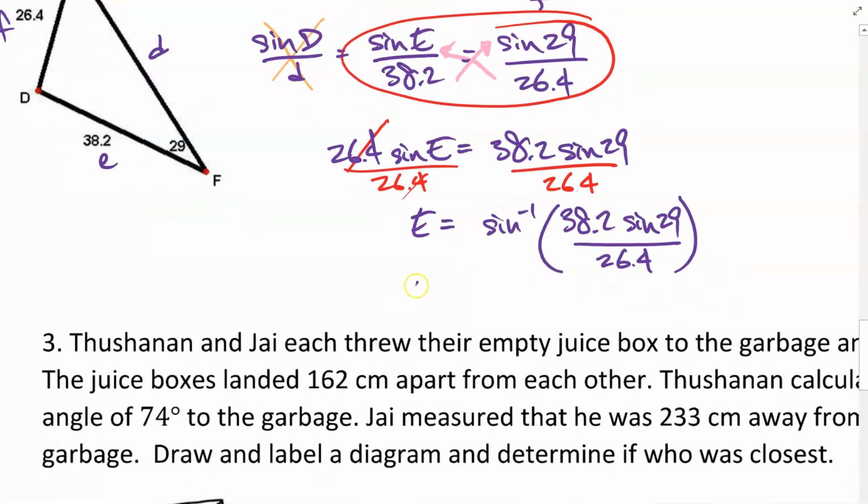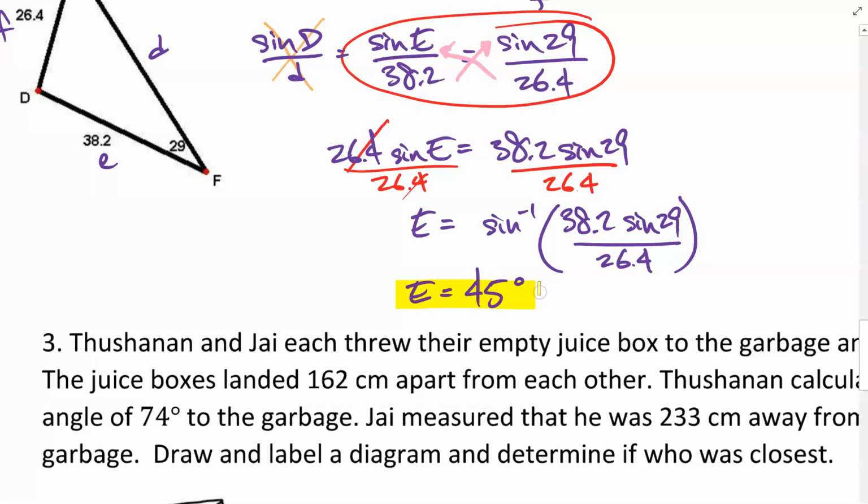You can punch this into your calculator. Make sure you round it to the nearest whole number, and you should get 44.547. We're going to round this to the nearest whole number, so we're going to call this 45 degrees.